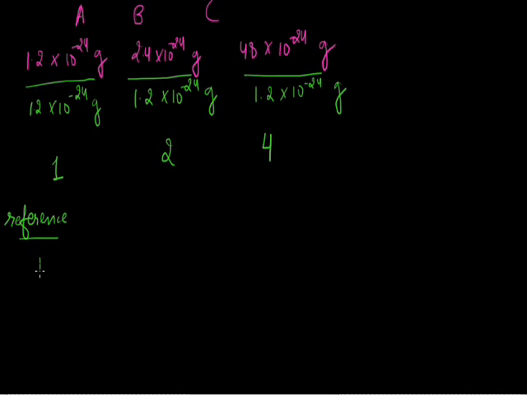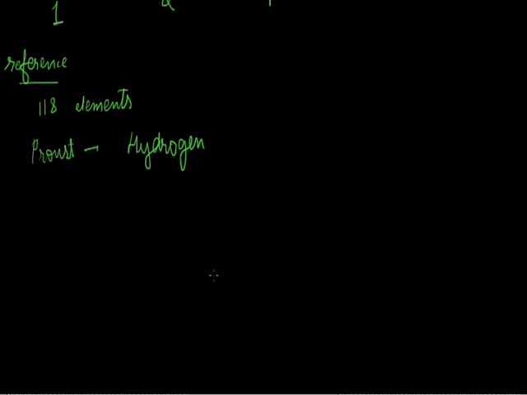We have 118 elements in our periodic table, and their masses are in these forms. So we have to choose a reference to remember these values. The first scientist was William Prout, who used hydrogen as reference, but it was not appropriate.